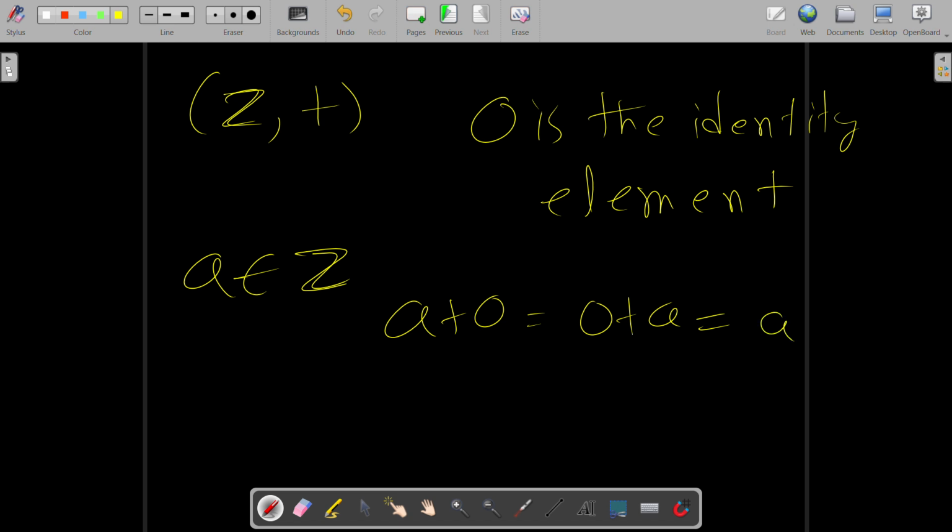So clearly 0 is the identity element of Z plus under addition. If I take the operation as multiplication, then the identity element will be 1, because if we multiply any integer with 1, it will return that integer.